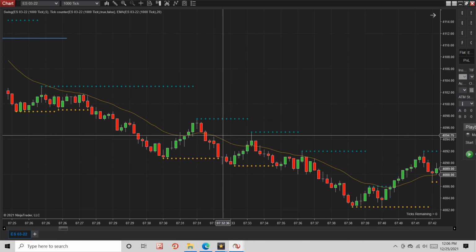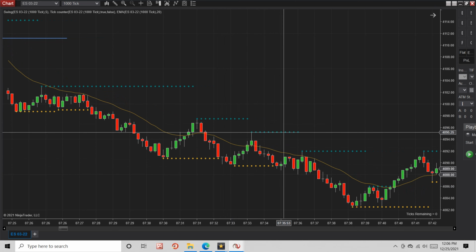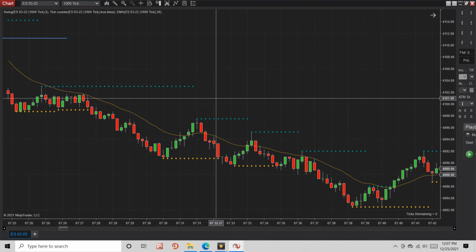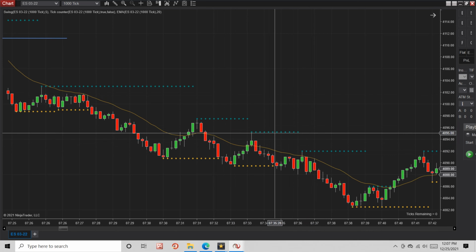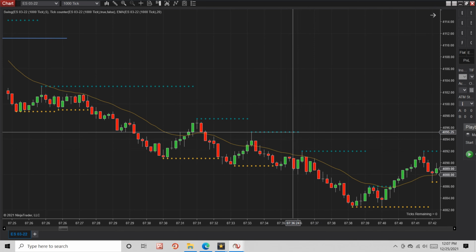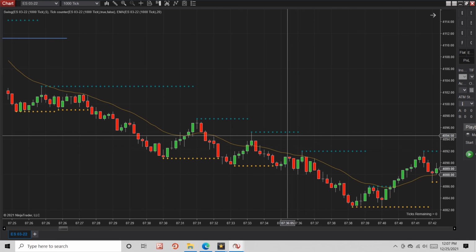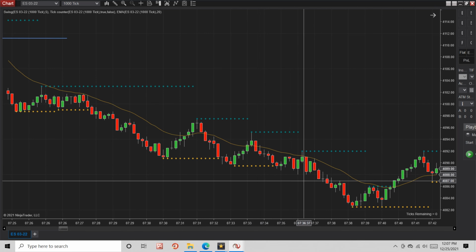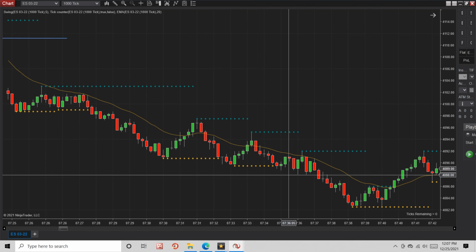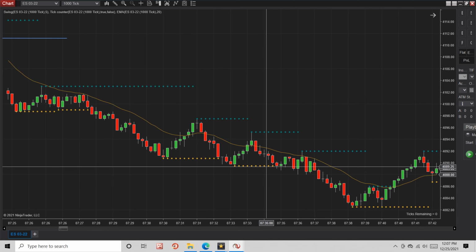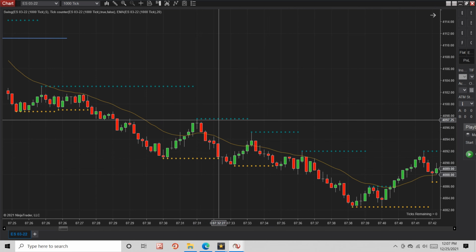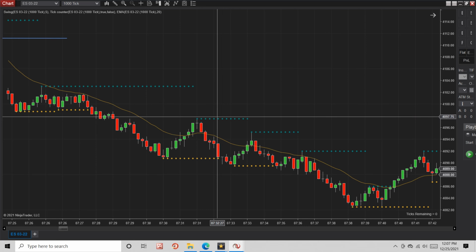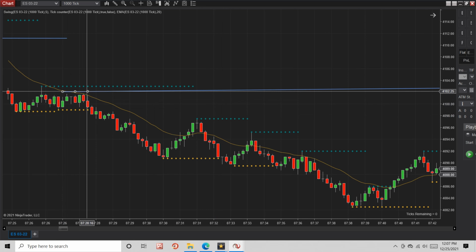So after this, we can see we have 2 tops before hitting our entry. So if we have 2 of the same color tops or 2 of the same color bottoms, we do not enter a trade, basically. So you can see this is our third bottom. So after this would be right here. We would enter our take profit.